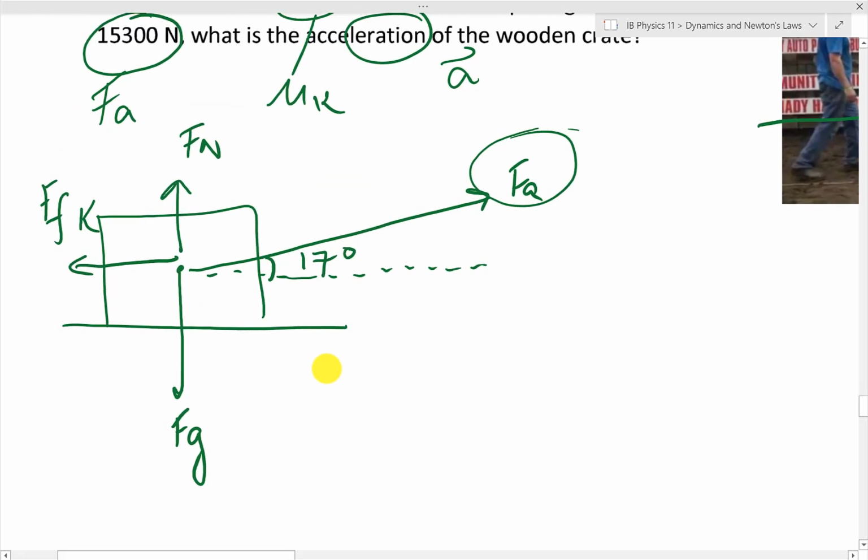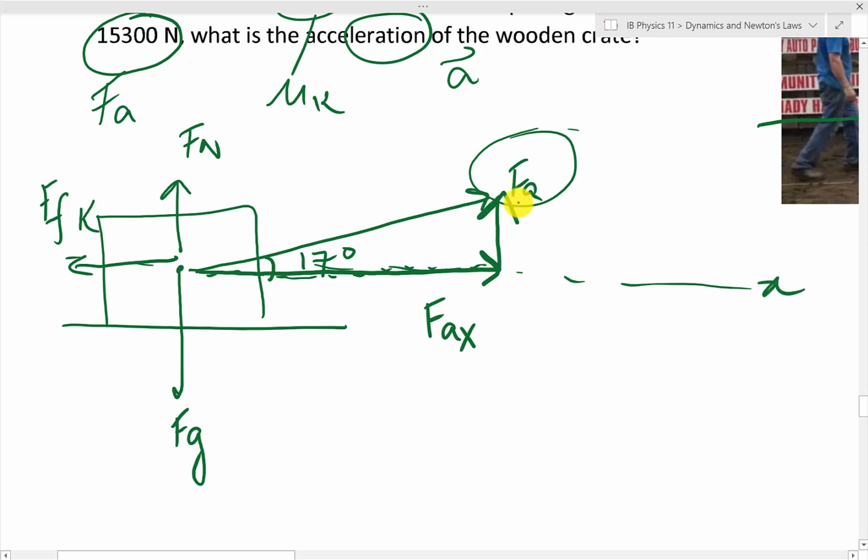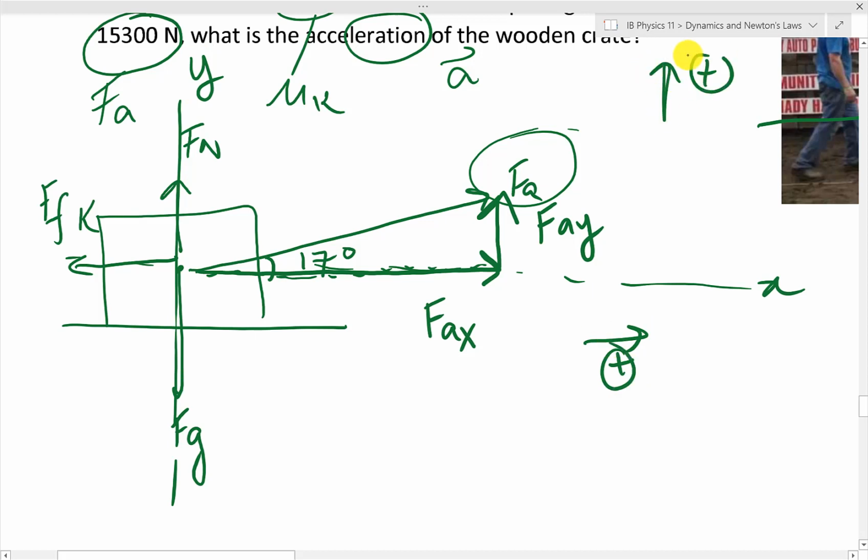So let's break them down first. Part of the applied force is along the x-axis, which I will label right now, and part of that force is along the y direction, which is the vertical direction. I'm going to label the forward direction being positive and the upwards direction being positive for both axes.